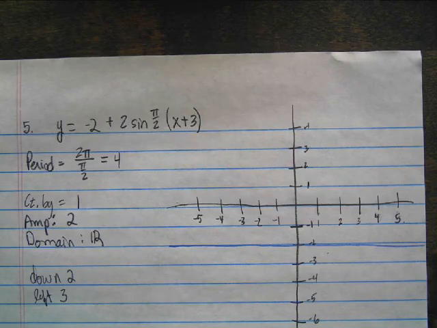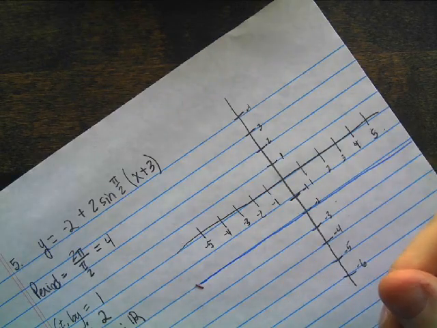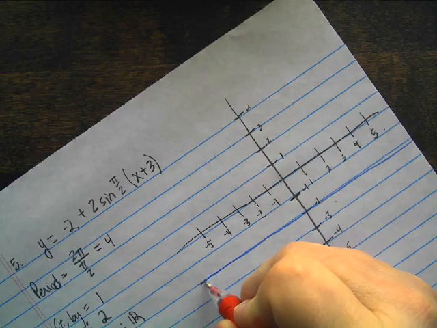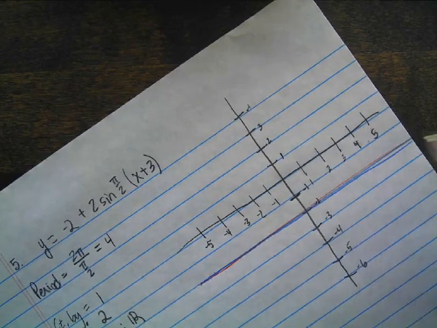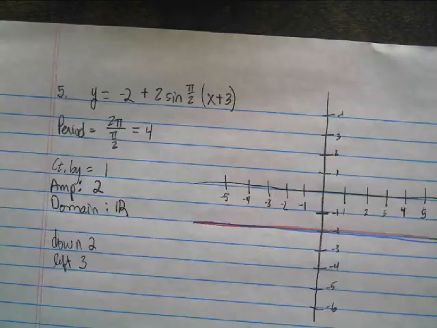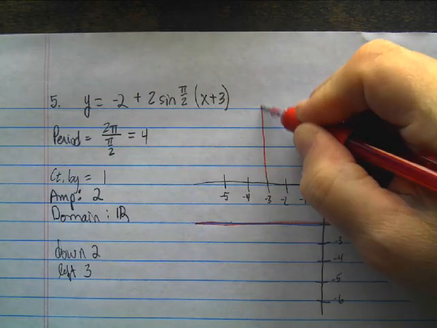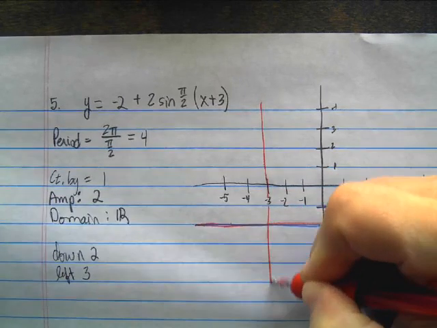Get a different color pencil here to show that. Come on. So that's lovely. So that's my new horizontal axis, and then my new vertical axis will be here.